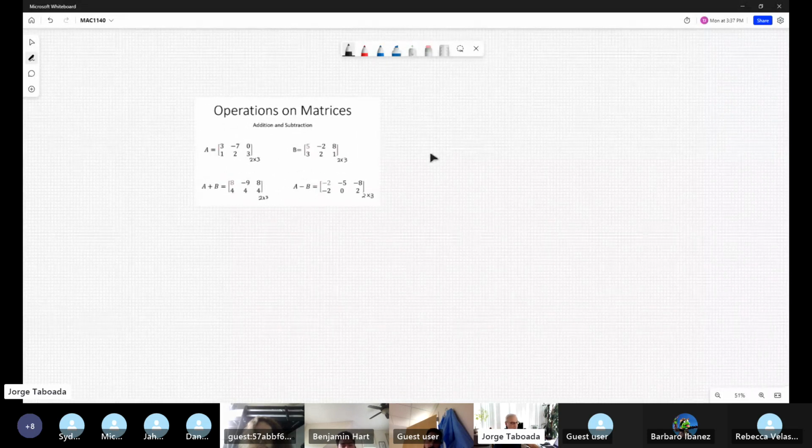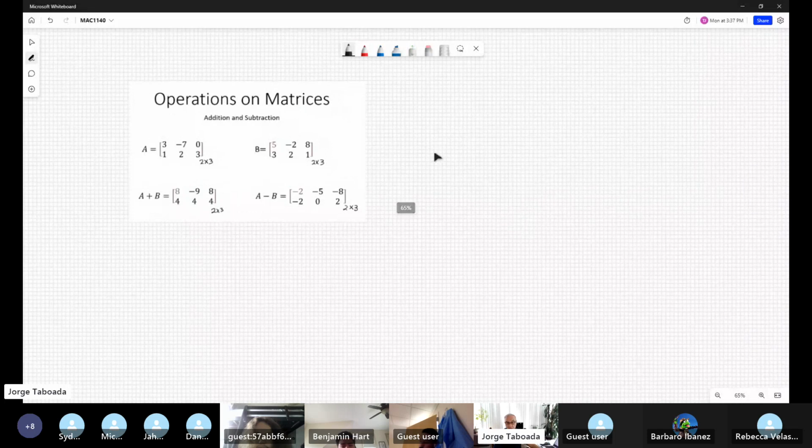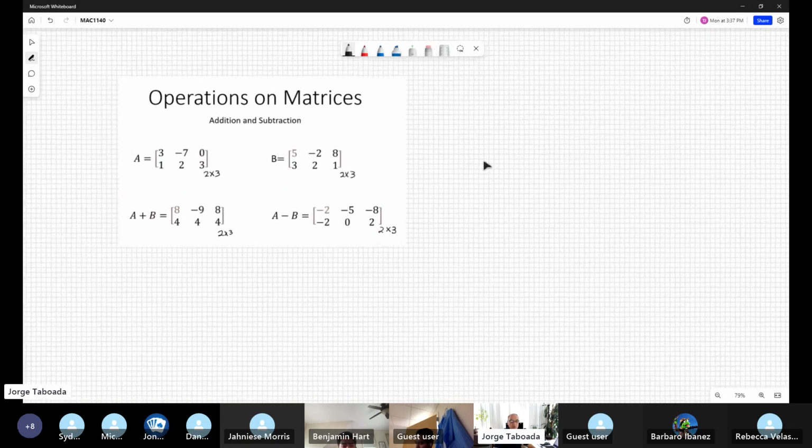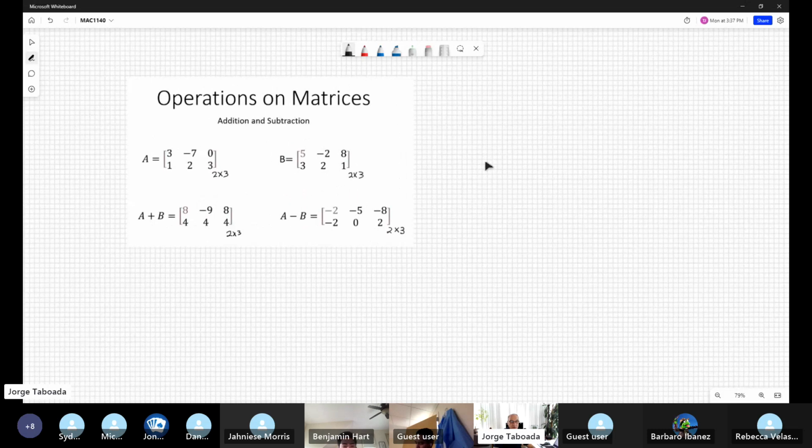We're doing operations on matrices. What operations? Well, the arithmetic operations: addition, subtraction, multiplication. After you see the operations, we end when you see the application of the operations of the matrix and what part you utilize.